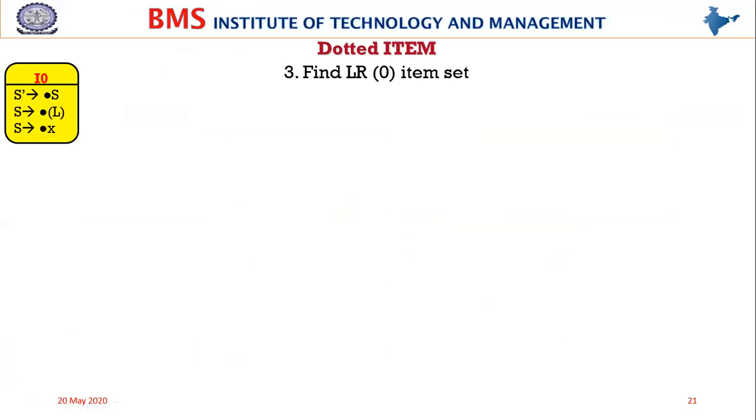In the third production, the dot is also in front of a terminal, so no need to include the productions. Fine. Now the next move from this state, we are calling it I0.